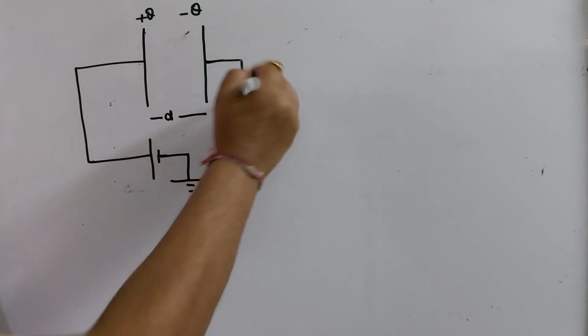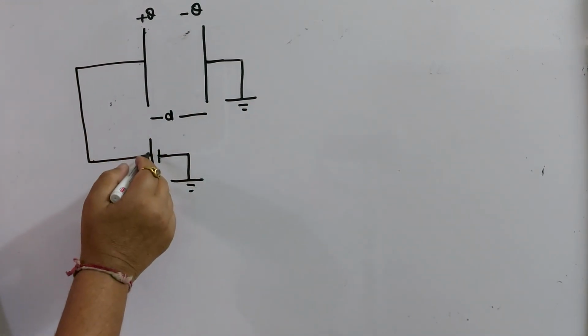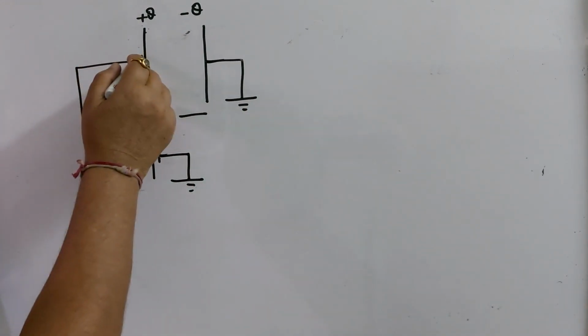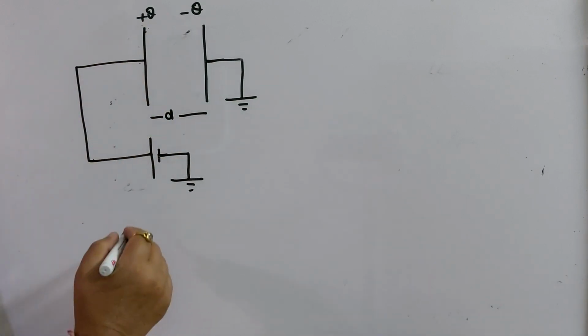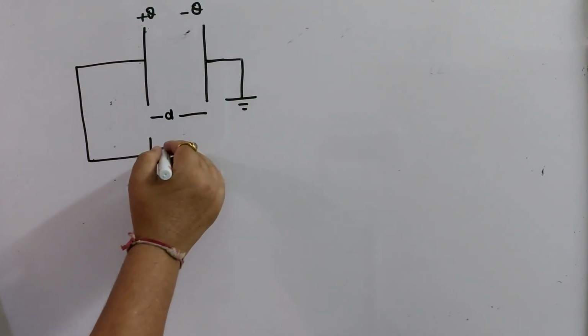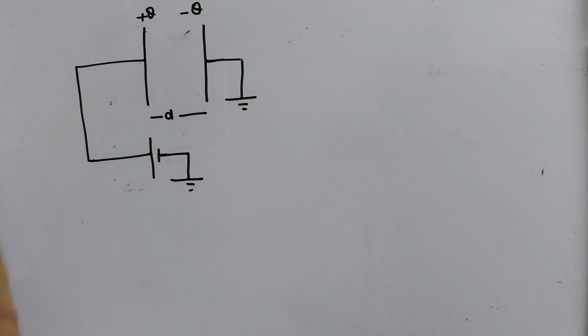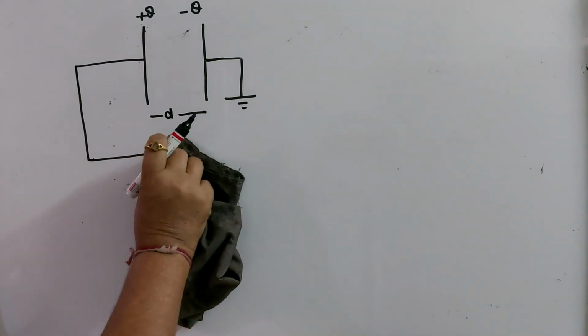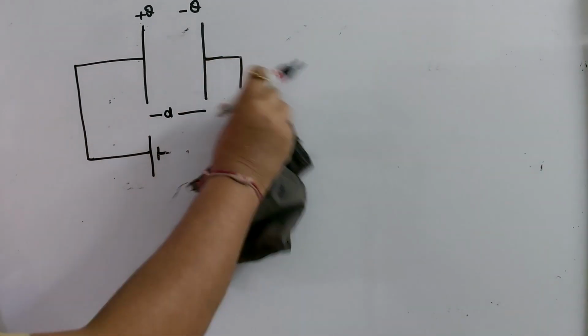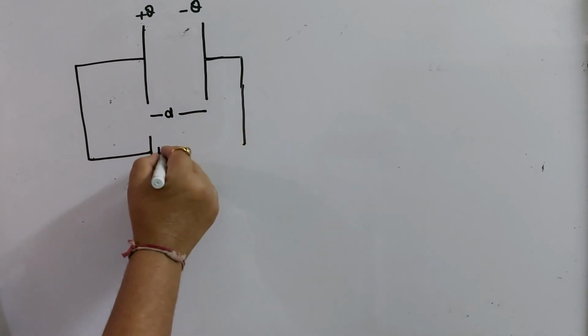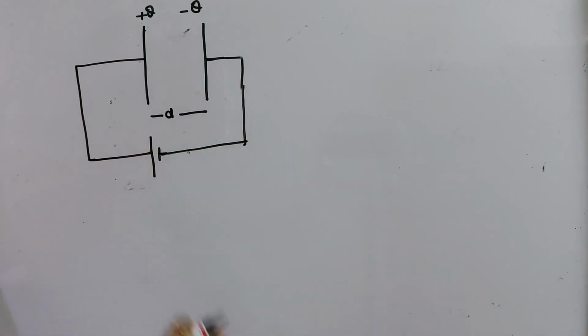Similarly, this positive terminal supplies plus q charge to this plate, and minus q will go to earth. Or simply, if you want to show it like this, you can complete this circuit also.